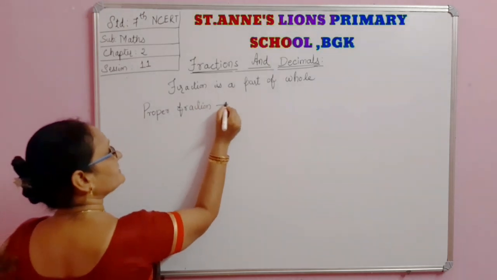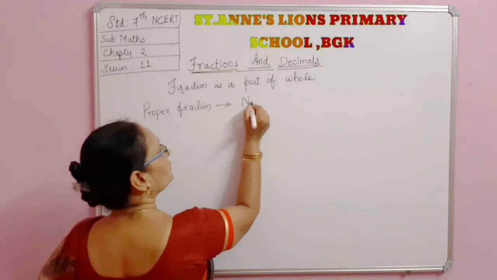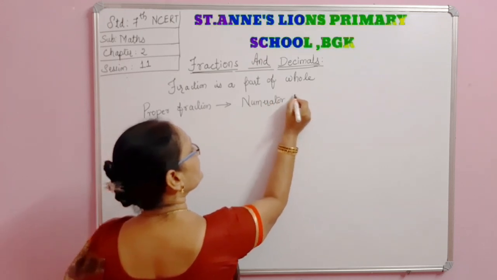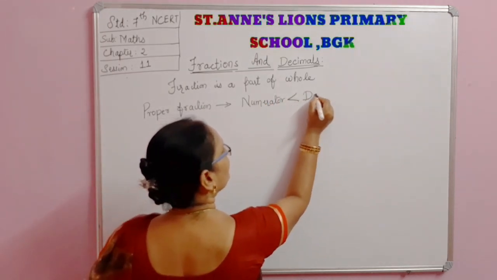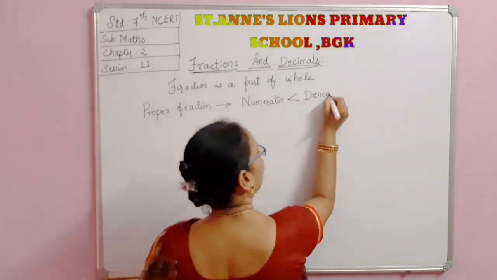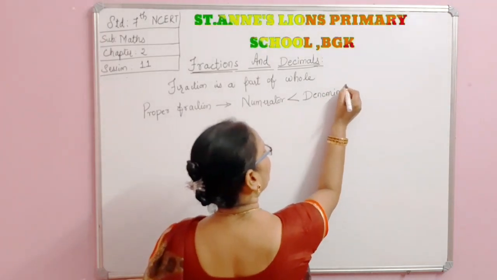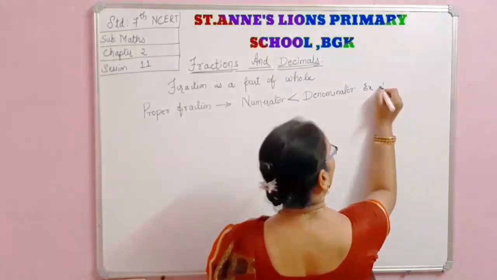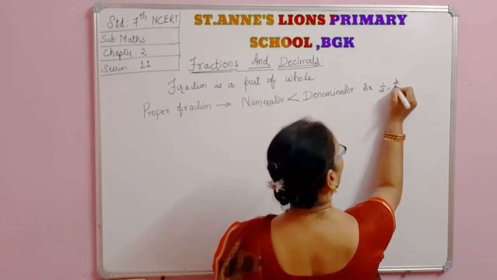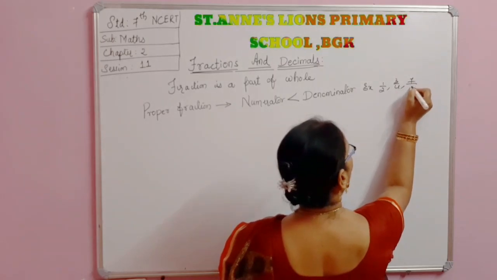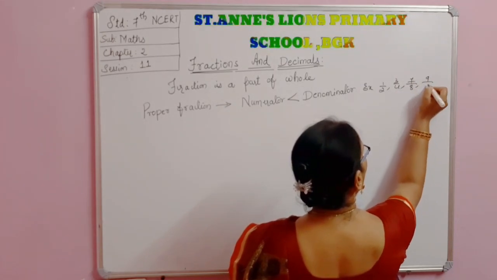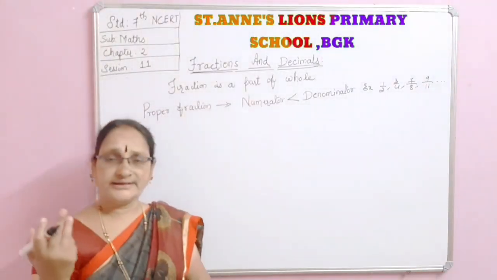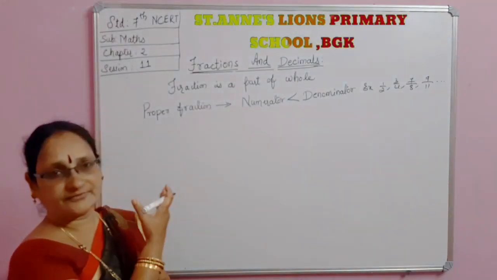Proper fraction means in this numerator is smaller than the denominator. Example. So many examples you can write: 1/2, 3/4, 7/8, 9/11 and so on. Infinite number of examples can be written for the proper fractions.